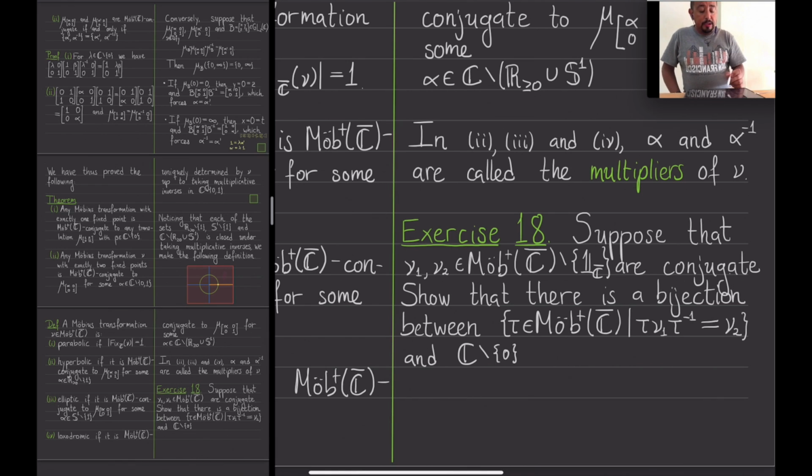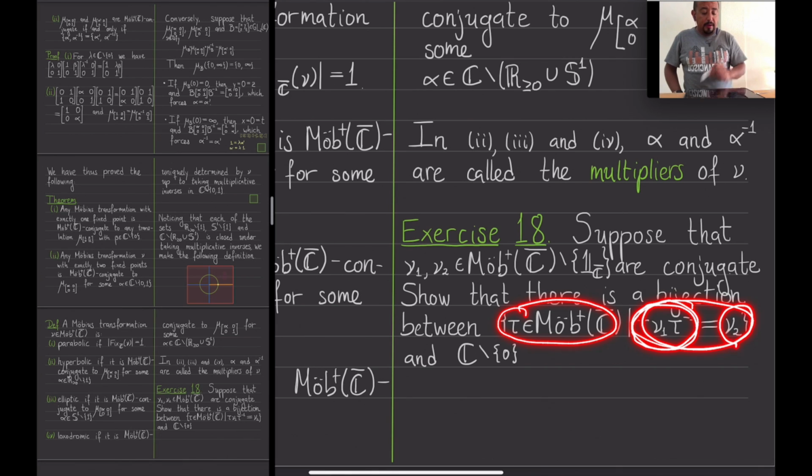Show that the transformations that do the job of being witnesses, that when you conjugate show these two are conjugate, form a one parameter family.